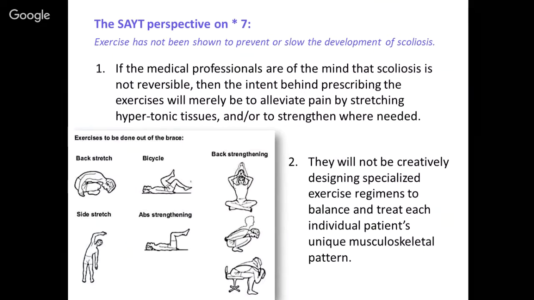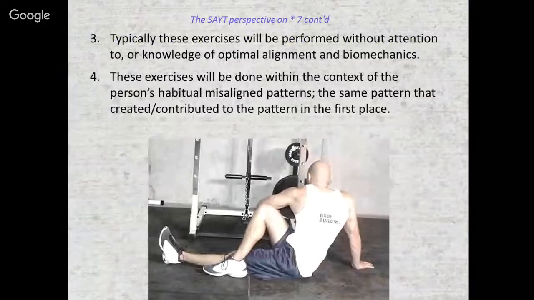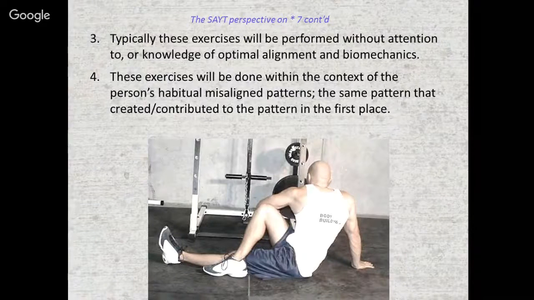So they will not be creatively designing specialized exercise regimes to balance and treat each individual patient's unique musculoskeletal pattern. Typically, these exercises will be performed without attention to or knowledge of optimal alignment and biomechanics, and will be done within the context of the person's habitual misaligned patterns, the same pattern that created and contributed to the pattern in the first place.